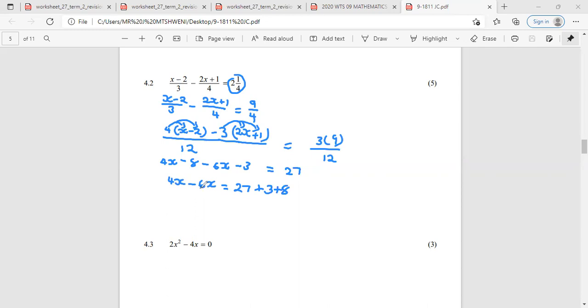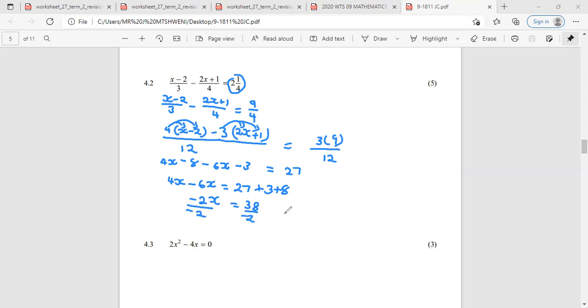What is 4 minus 6? It's -2x. Then now I add 27 plus 3 plus what? 8. 38. I divide by -2.